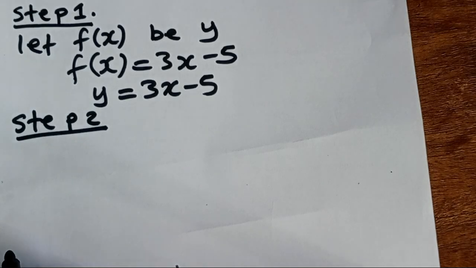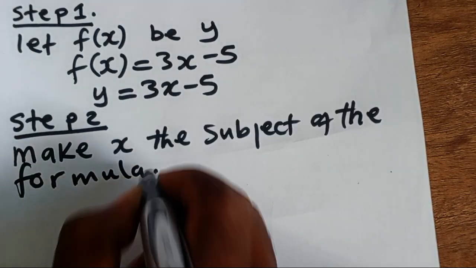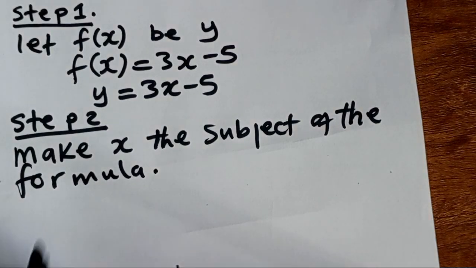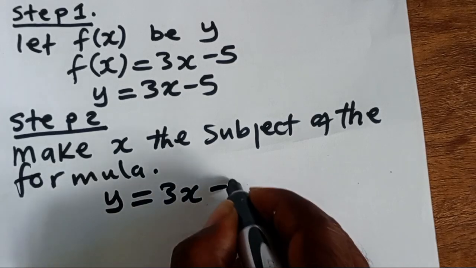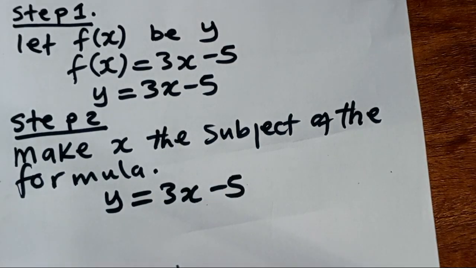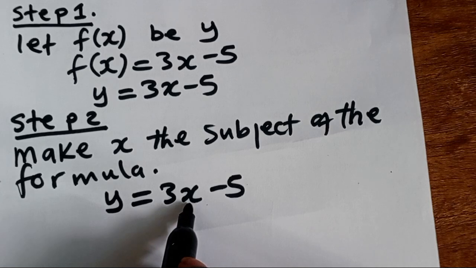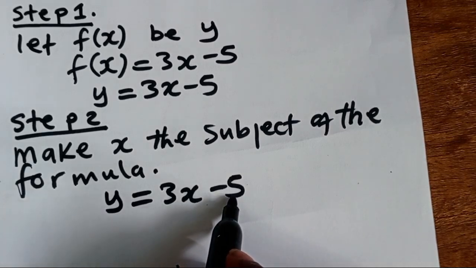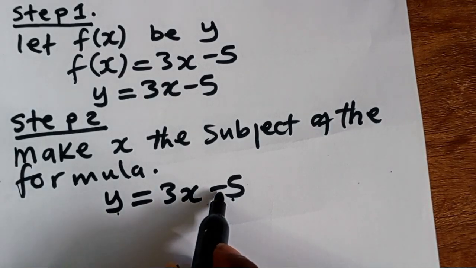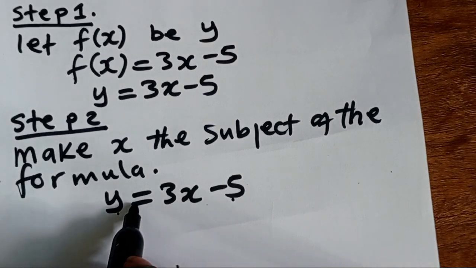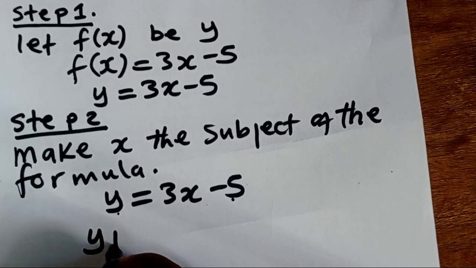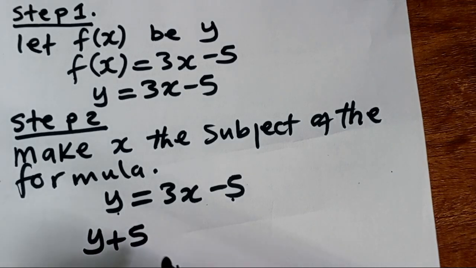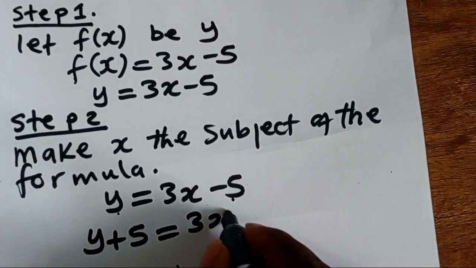Step 2, make x the subject of the formula, or solve for x. The equation that we have is y is equal to 3x minus 5. So how do we make x the subject of the formula? This 5 will go this side. It was negative 5. When it crosses the equal sign, it will be positive 5. So it is going to be y plus 5 equals 3x.